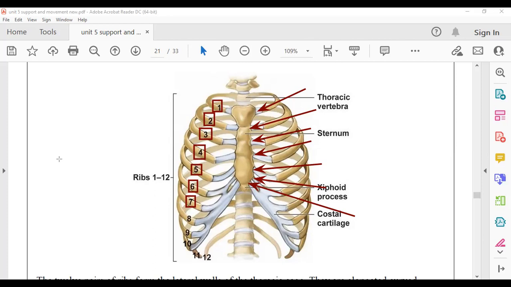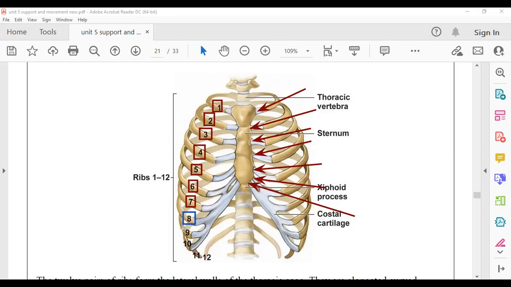They only have the direct joining points in the sternum. Due to that reason, they are called true ribs. How do you call them? True ribs.